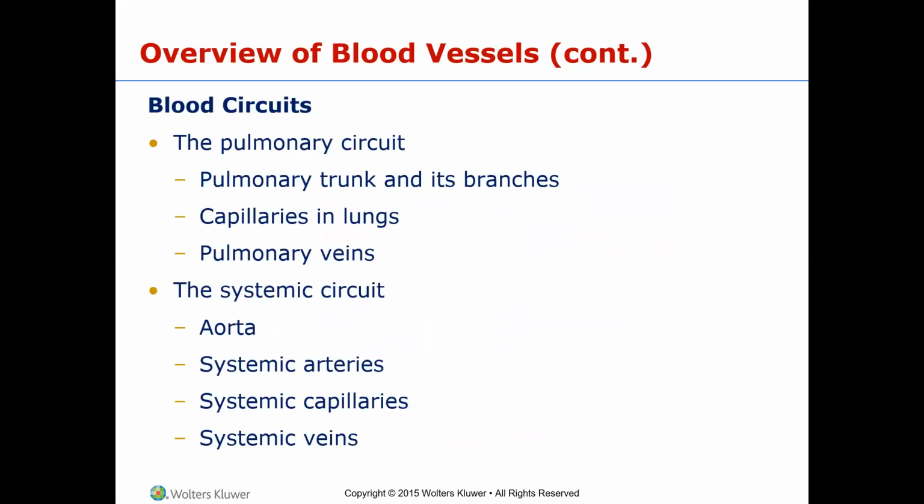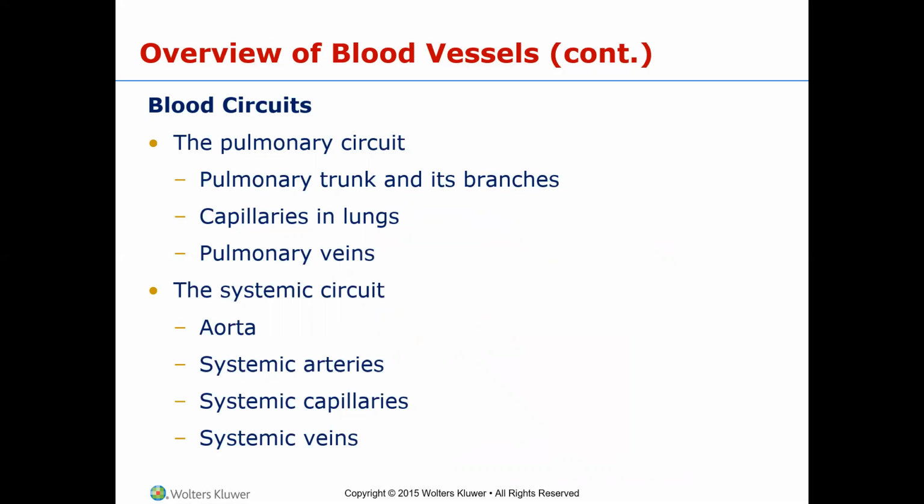If we look at blood vessels, there are two different circuits. There's the pulmonary circuit, which we've already kind of gone over, and the systemic circuit. The pulmonary circuit consists of the pulmonary trunk and its branches. So we have the pulmonary artery, and that's going to branch into our lungs themselves, and then it's going to form capillaries in our lungs, where we have the exchange of oxygen and carbon dioxide.